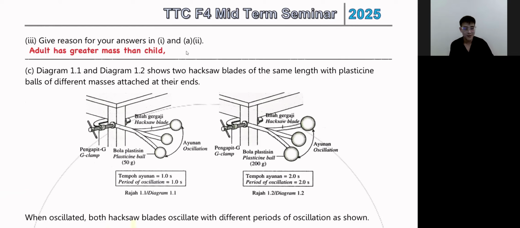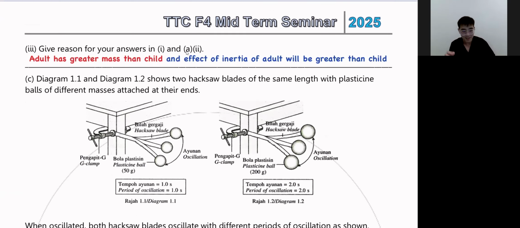So the effect of inertia of the adult will be greater than the child. So when the inertia is greater, that means it is harder to stop and also at the same time harder to start moving.